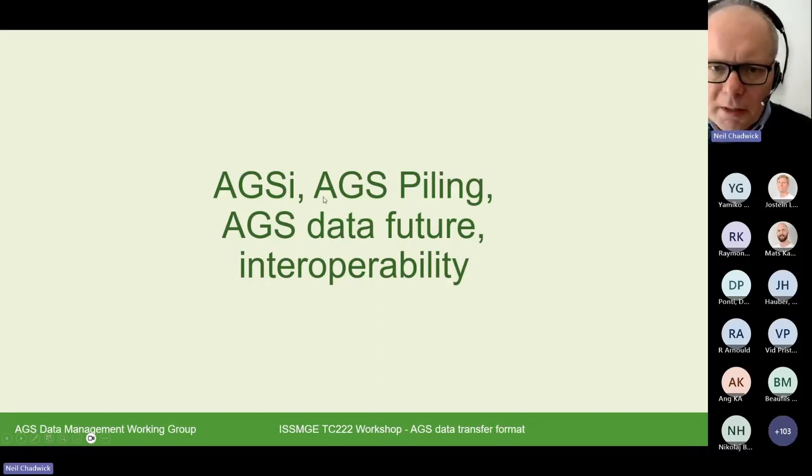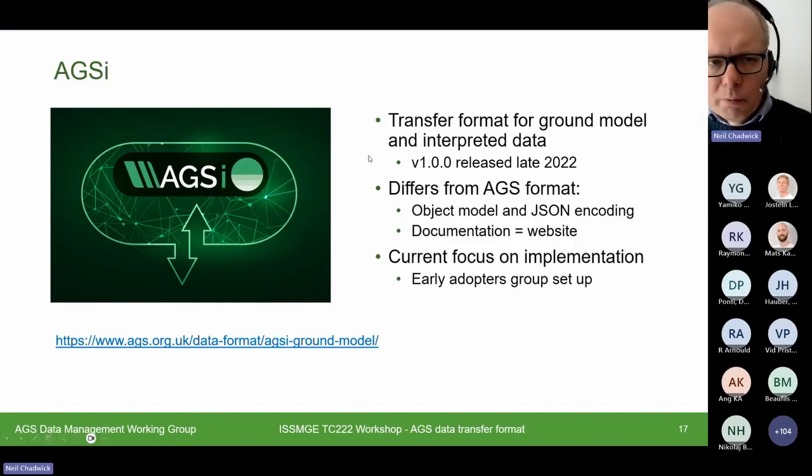Now I'm just going to talk a little bit about some complementary additional formats, because AGS has grown in recent years. We'll start with one I mentioned briefly earlier, which is AGSI. This is a separate new format for ground model and interpreted data. It is live, at version 1.